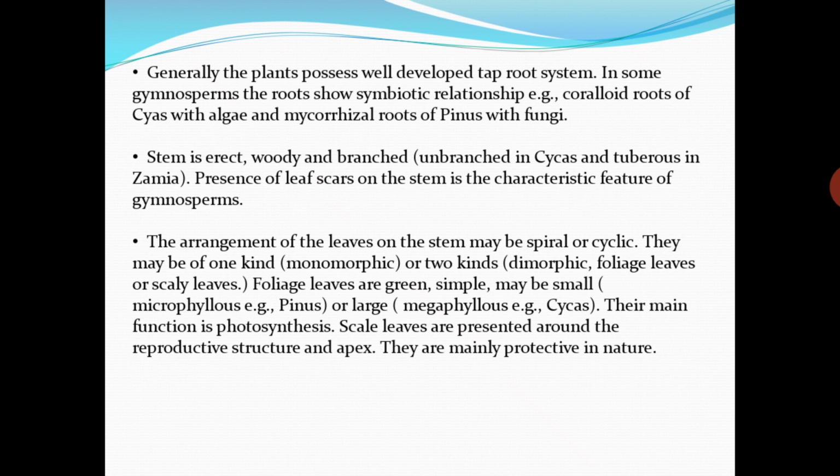Foliage leaves are green, simple and may be small, like microphyllous in pinus, or large, megaphyllous, for example in cycas. In cycas it is large, in pinus it is small, right.